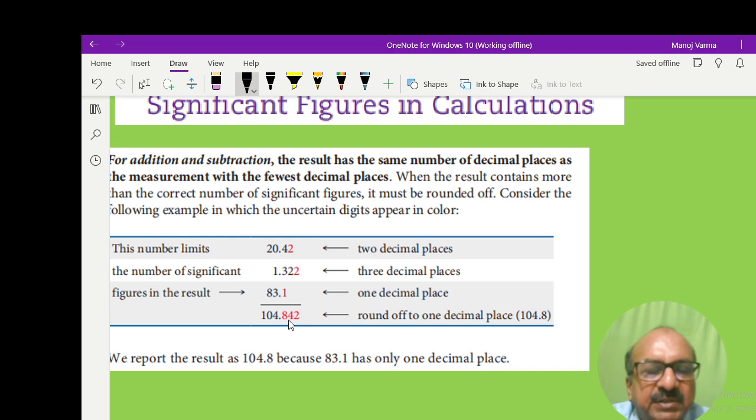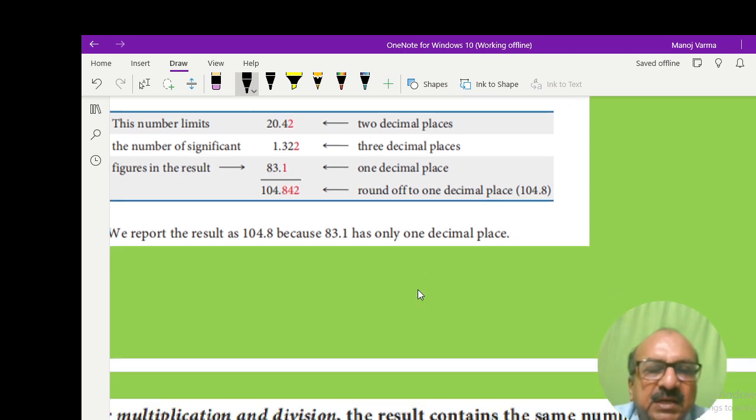After 8 we have 4, so if you round it off, then 8 remains as 8, and therefore the final answer is 104.8, right? So we have to write only one decimal place because the number which has the least number of decimal places has only one decimal place. That's how you add numbers which have certain significant figures.